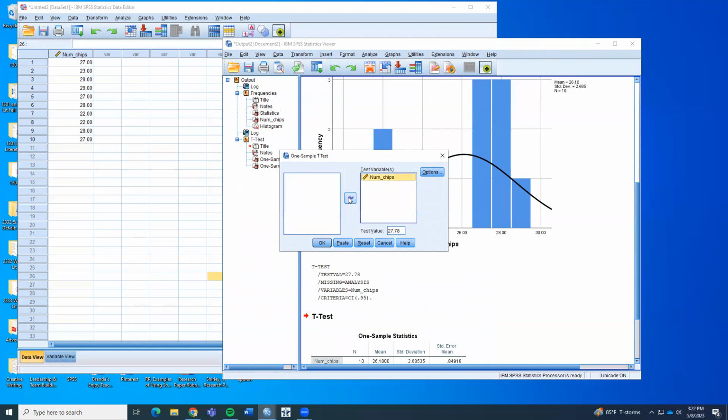Originally, we had our list of variables available in the left-hand column, and I just moved that over to the variable to be tested, and the test value is going to be 27.78, which was the population mean that we calculated at the beginning of the video.